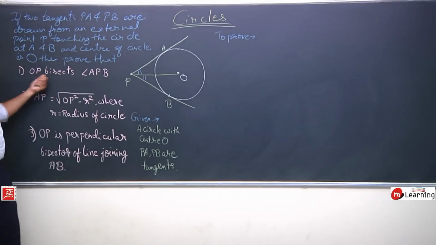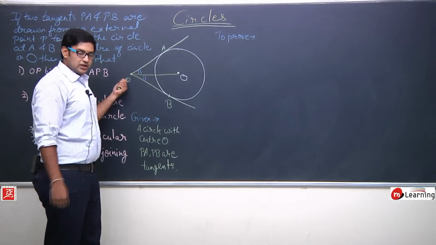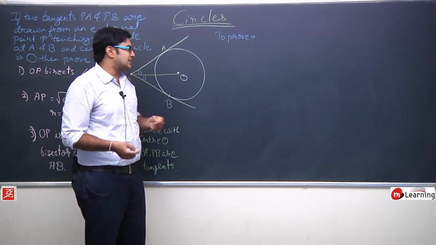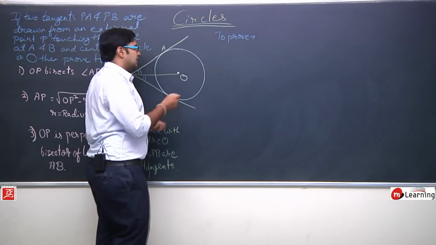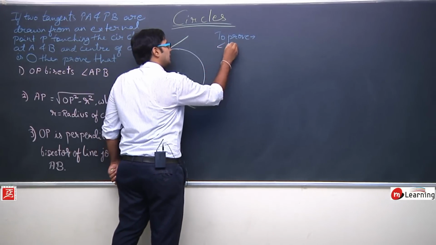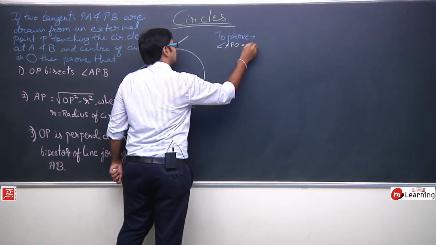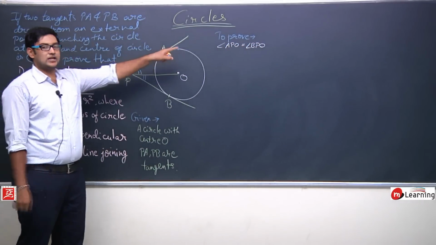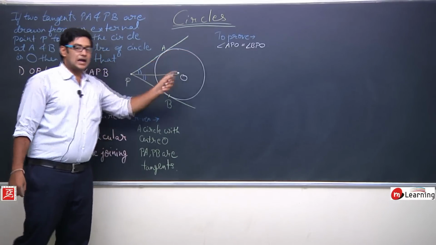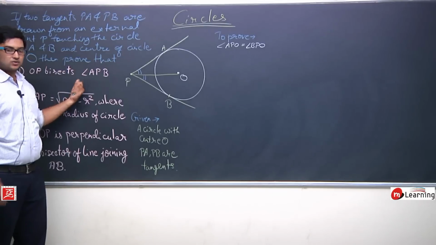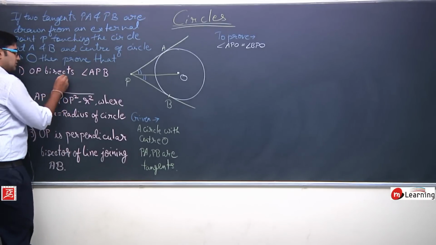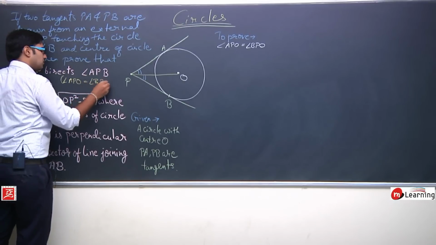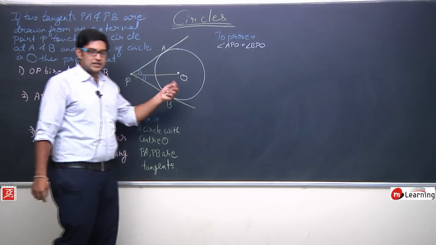We need to prove that OP bisects angle APB. सो अगर इसे ज्योमेट्रिकली सिंपल वे में लिखना चाहें तो OP angle APB को bisect कर रही है, मतलब मुझे प्रूफ करना है कि angle APO is equal to angle BPO. ओके, मुझे ये चीज प्रूफ करनी है क्योंकि ये और ये एक ही चीज हैं. ओके, यहाँ पे मैं भले ही ब्रैकेट में लिख देता हूं angle APO is equal to angle BPO. So you need to prove this condition.